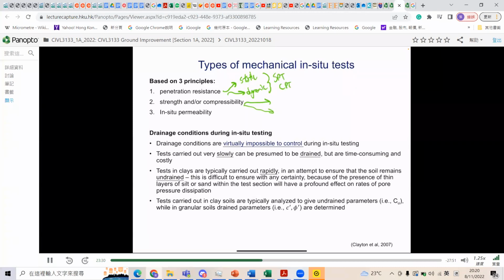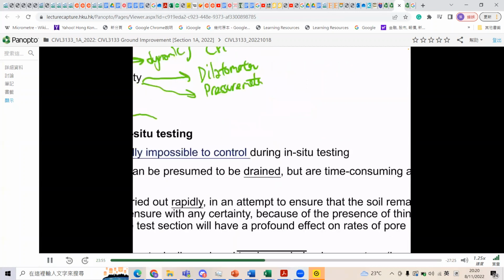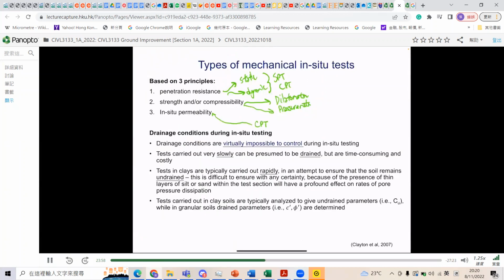Strength and compressibility, we won't look at so much, but dilatometer, we have pressuremeter. In situ permeability can be determined indirectly from CPT testing. But most of the time, we have to simplify in situ permeability and assume undrained process to get undrained strength, right? So you'll see this later on.